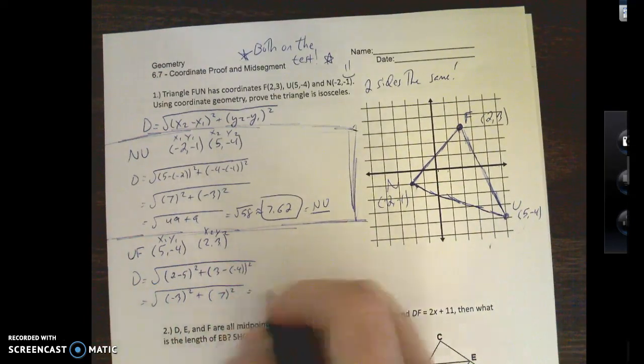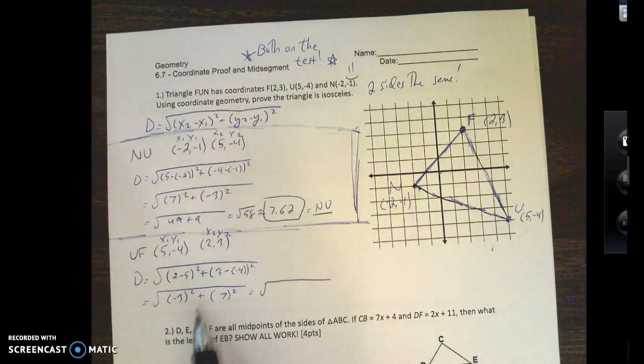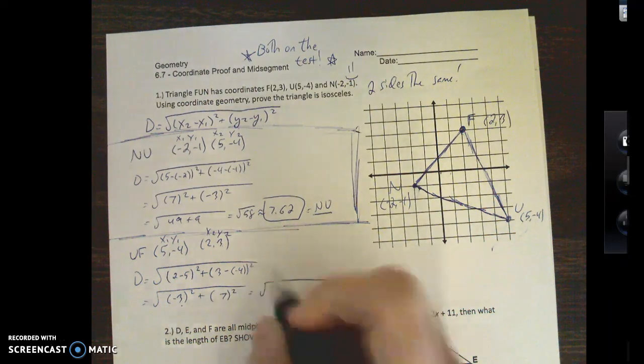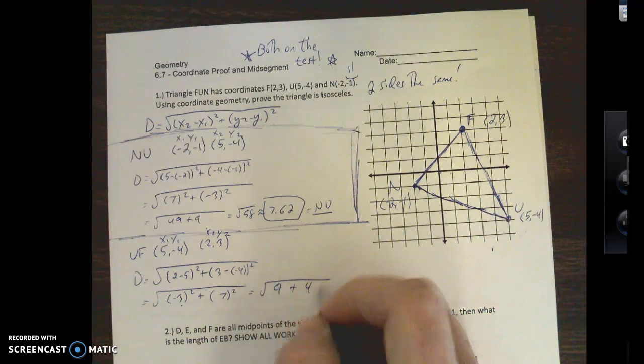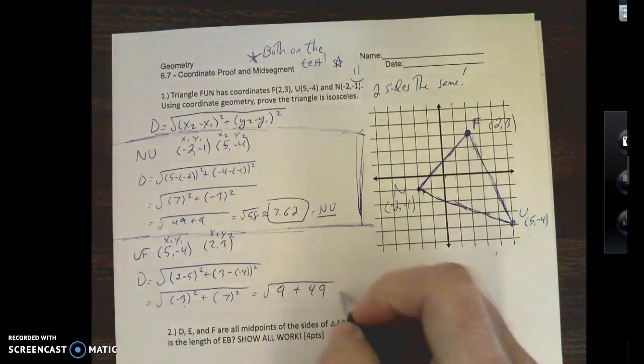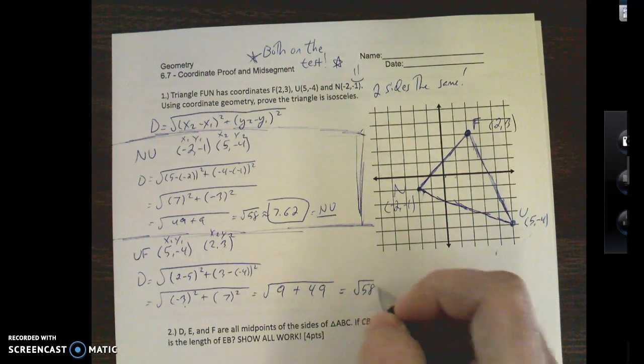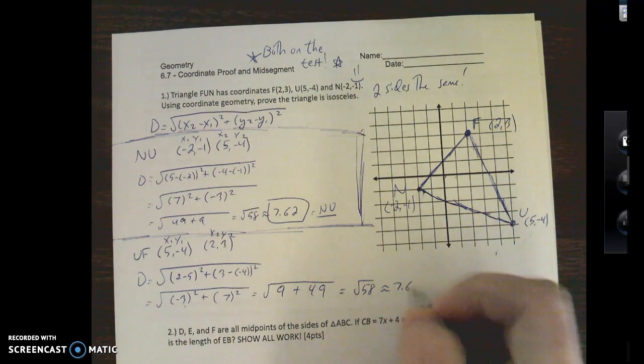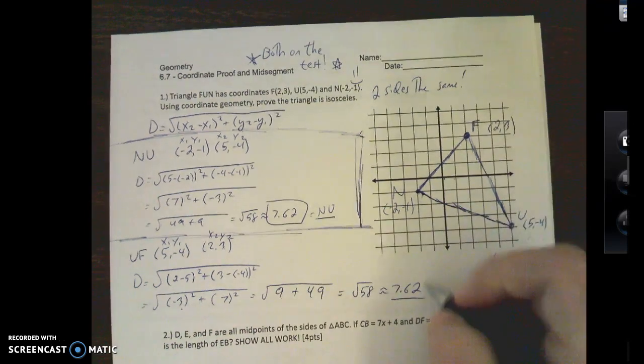Things are looking good. I didn't really explain this in the last one, but hopefully you're cool with it. When you square negative 3, it's negative 3 times negative 3, which gives you a positive 9. Okay, so just be careful about that. It ends up being square root of 58, which we know is 7.62 from the last one.